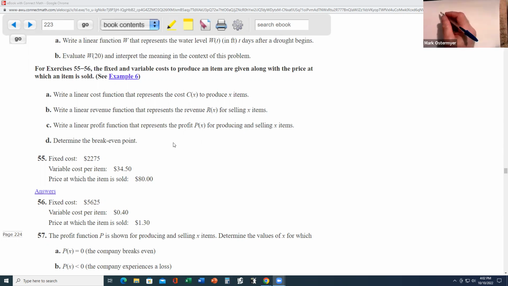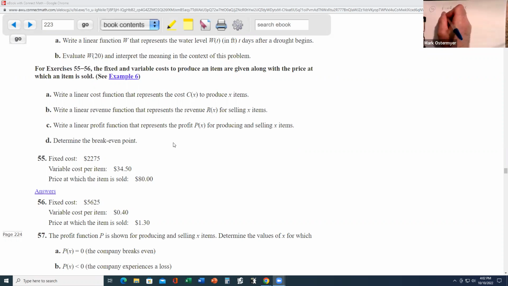All right, now in problem 56 here, they indicate that we are to lay out a fixed cost of $2,275. Think of this as maybe the startup cost of our business, maybe just to rent warehouse space to house the items that we're going to produce and sell. We'll call that the fixed cost.